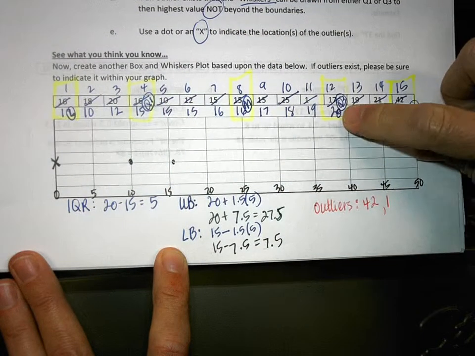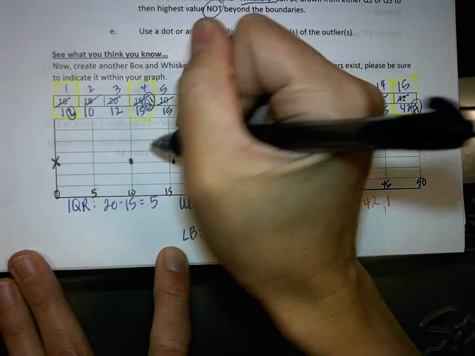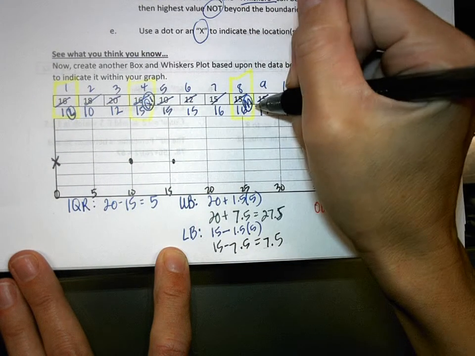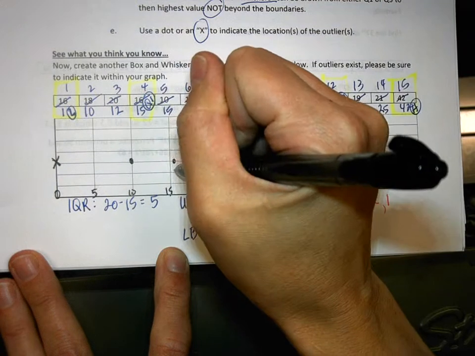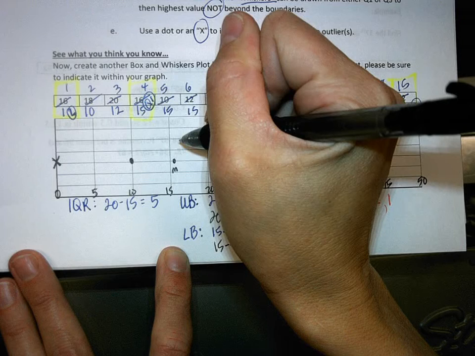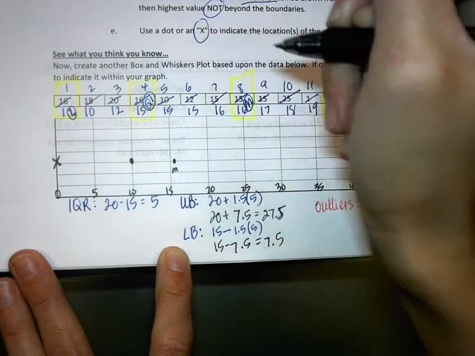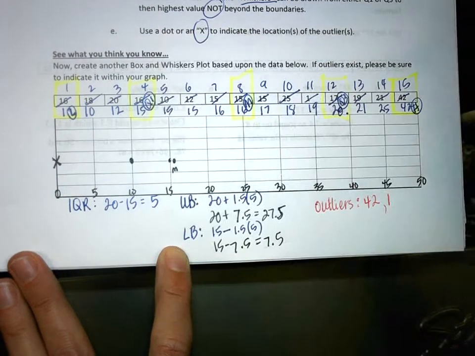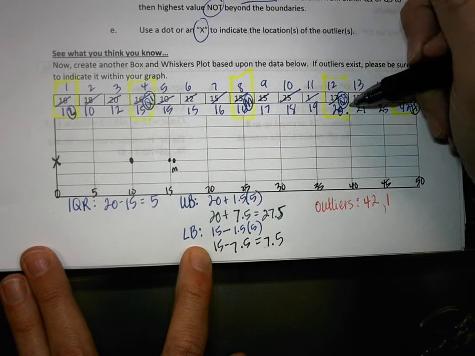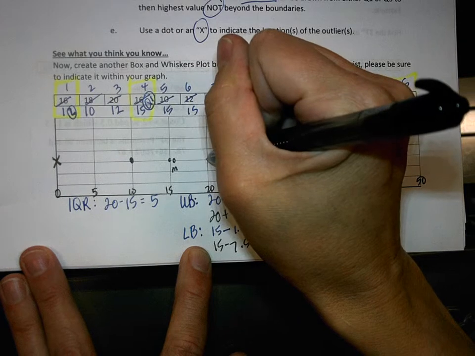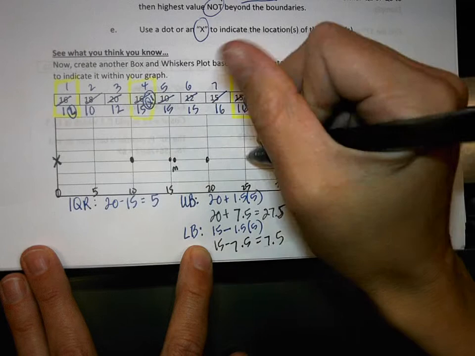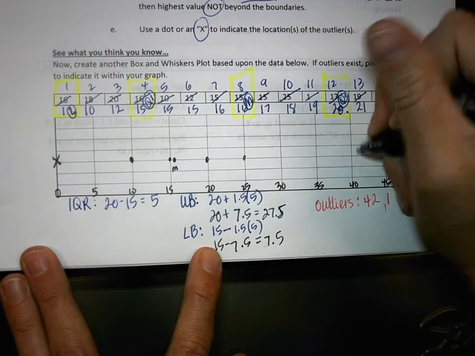The median is at 16. So if you wanted to label them, you can. No, this is my Q1, right? Oh, I forgot to put one at Q1. Okay, so Q1, sorry. And then Q3 we still have at 20. And then my high value will now be 25. And then we're going to put an X at 42.